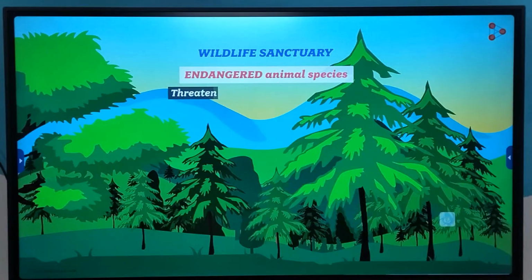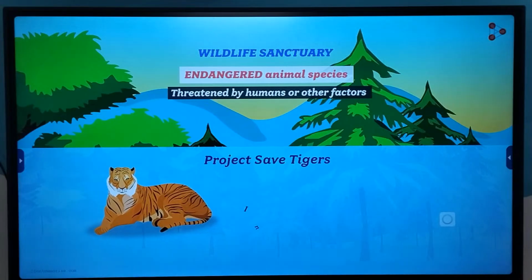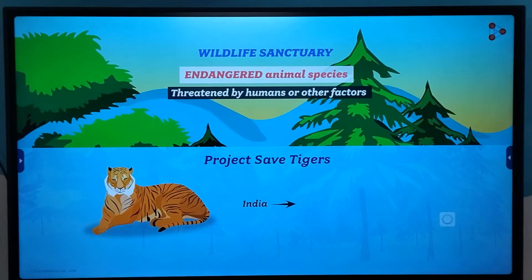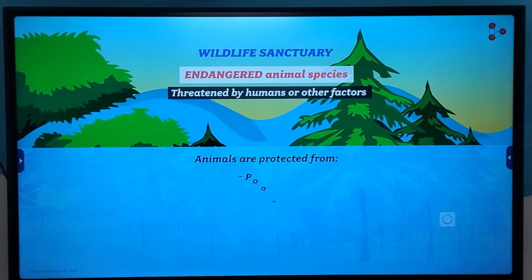They are the ones that are threatened by humans or other factors. Can you name one? Tigers. Yes, the Project Save Tigers was a massive movement in India. India has 537 wildlife sanctuaries, out of which 50 are tiger reserves governed by Project Tiger. Wildlife sanctuaries protect these animals from being poached or hunted.